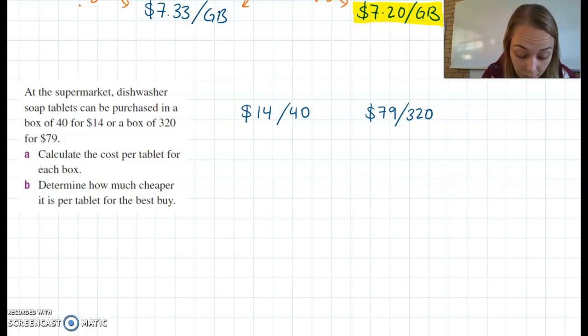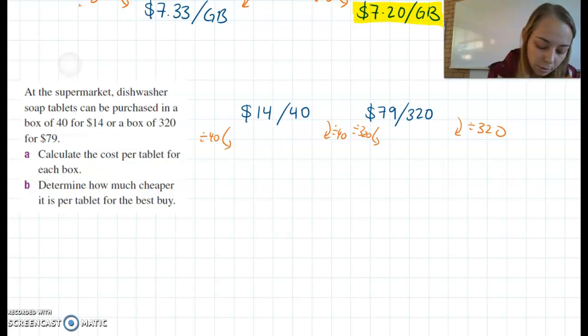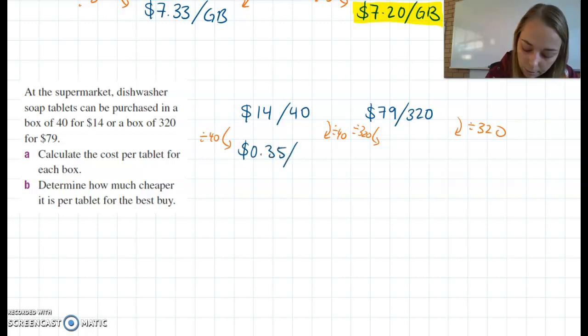So we're going to simplify those rates. Divide both sides by the second number. 14 divided by 40. The first one is going to cost 35 cents per tablet.